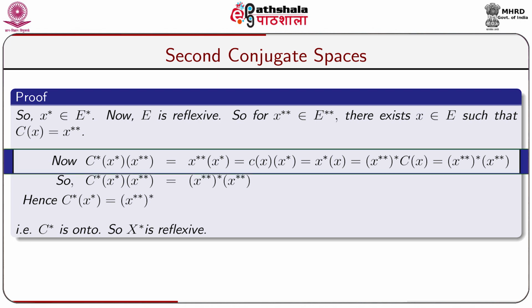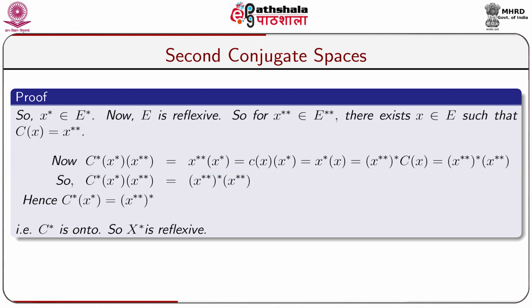Now, C star of X star of X double star equal to X double star of X star, which is equal to Cx of X star, which is equal to X star of X, which is equal to X triple star of Cx, which is again equal to X triple star of X double star.